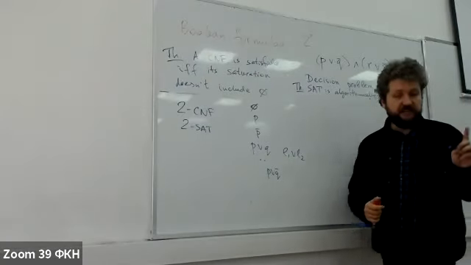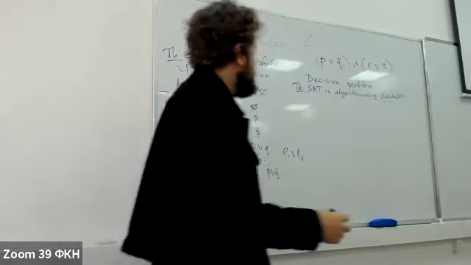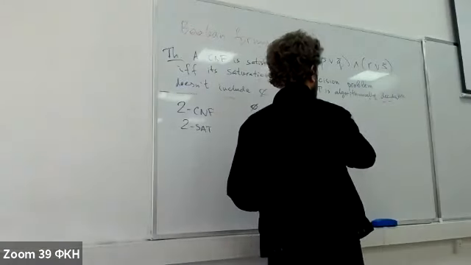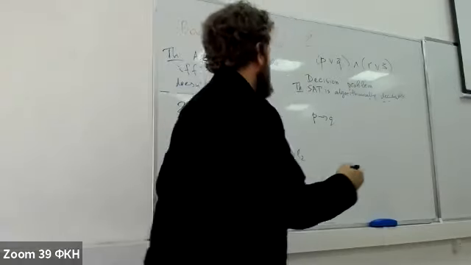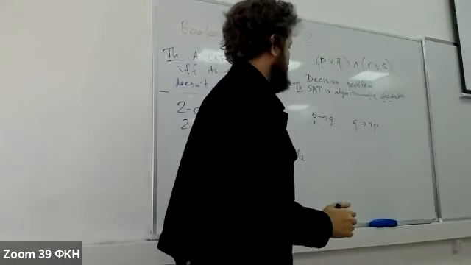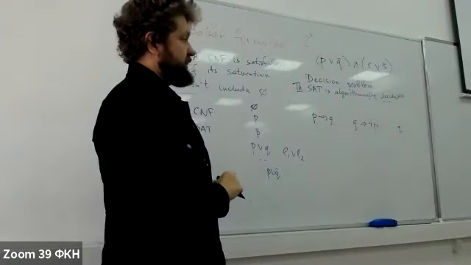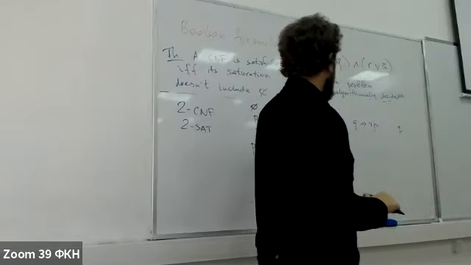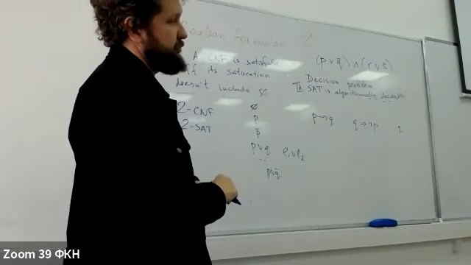There are many variables, but in each clause there are only 2 of them. A typical situation is when we have implications of this form: P implies Q, Q implies not P, and, say, Q. Is this satisfiable or not? We have Q, then we have not P. It looks like it's satisfiable: P equals 0 and Q equals 1.